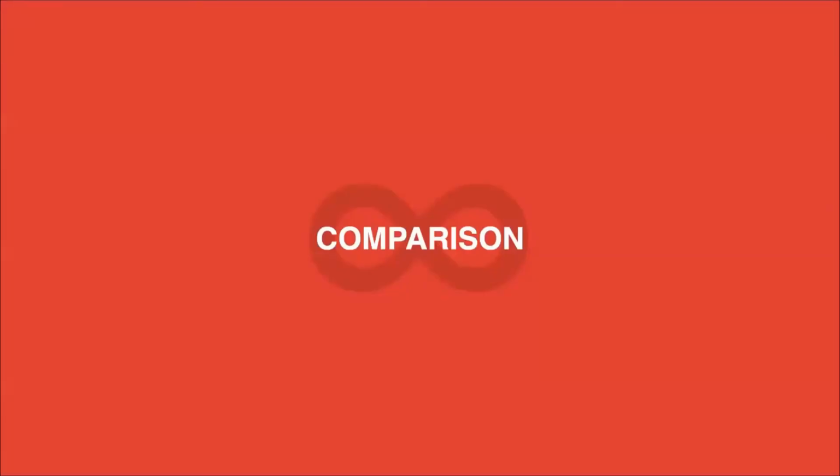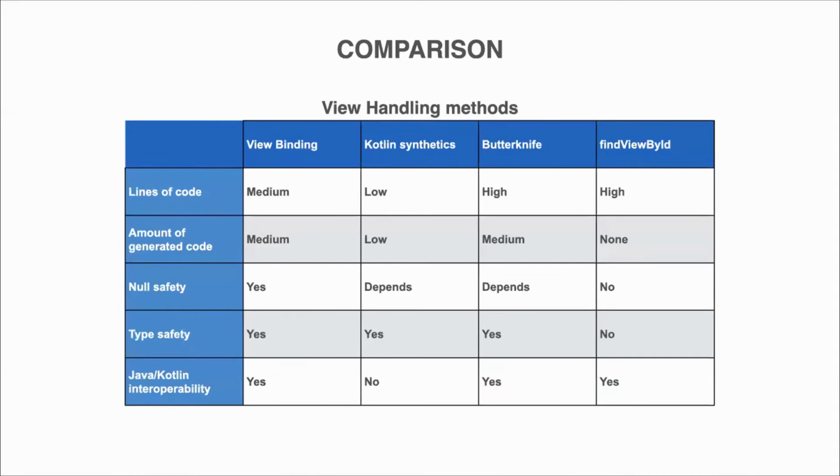Okay, so let's compare the other methods of view handling with ViewBinding. I made a little table to compare this. So in terms of lines of code, with ViewBinding, yeah, you have to write an additional variable. You have to write some additional expressions to handle your views.